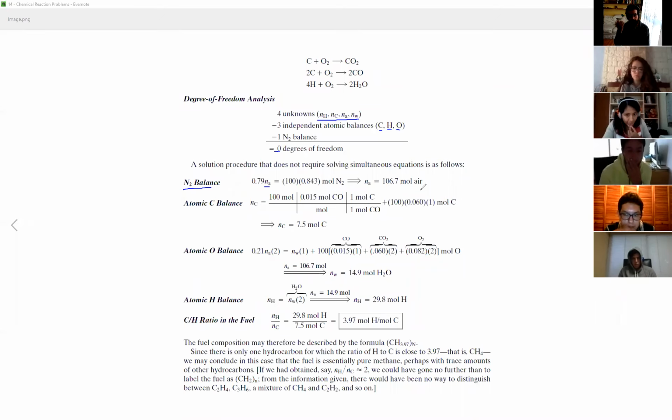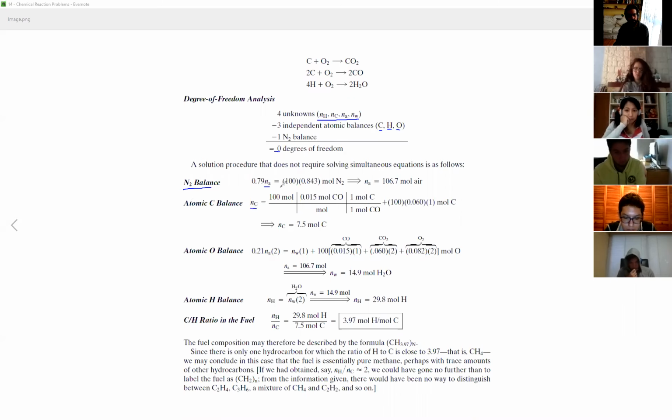In this case, atomic balance is the best one because we'll have exactly atomic species at the beginning, right? So the balance of carbon, we know that the carbon that gets into the system is just the number of moles of carbon in the fuel, and then that should be equal to the outlet.